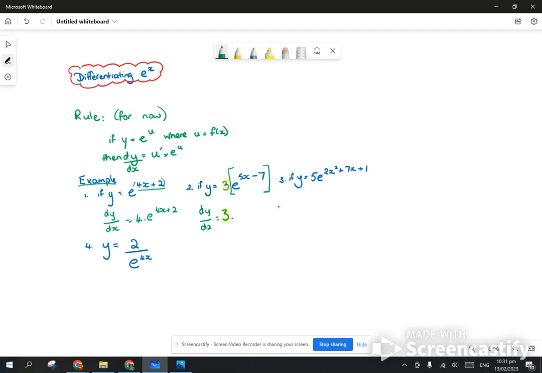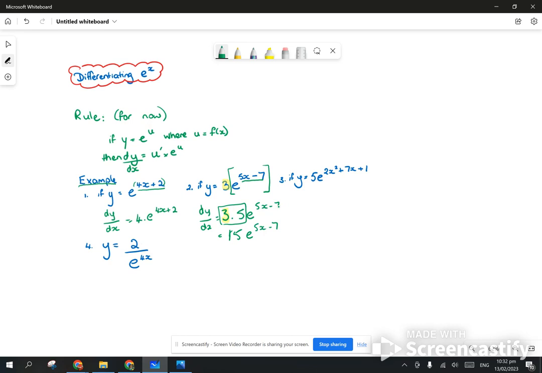So you take the u, which is the power, and derive it, which is u dash, and that gives you 5, and then you write down the original function, e to the 5x minus 7. Now you put these two bits together, so that will be 3 times 5, which is 15, and we tidy it up a little bit. So you get 15e to the 5x minus 7.